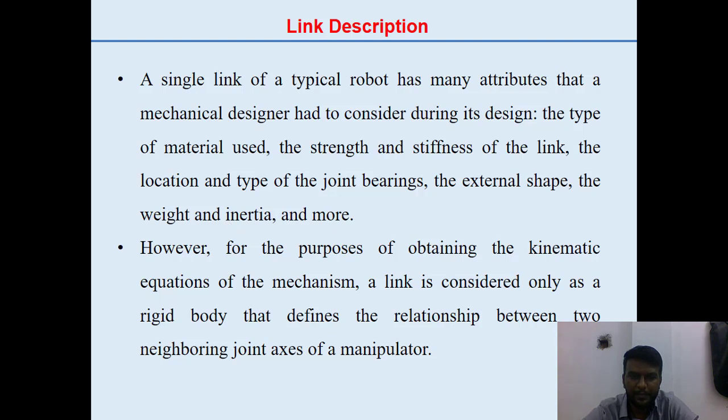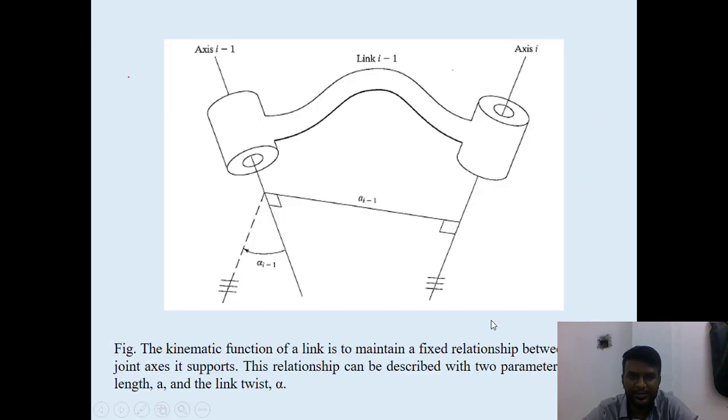But when we deal with kinematics, the only thing we need to consider is the relation between the neighboring joint axes of a manipulator, the relation between two joints of the manipulator. That is what we need for kinematic analysis. Consider this link. This is a twisted link.